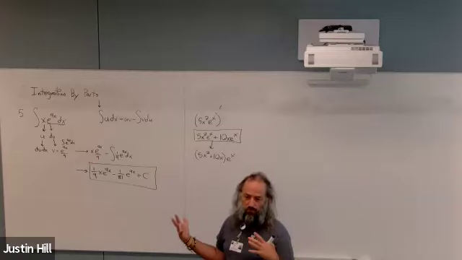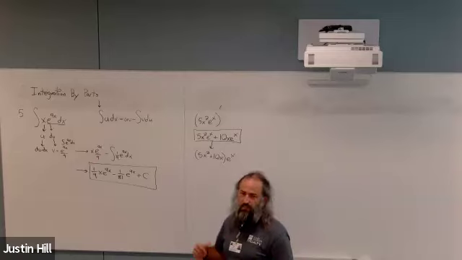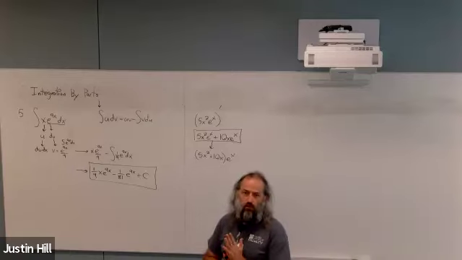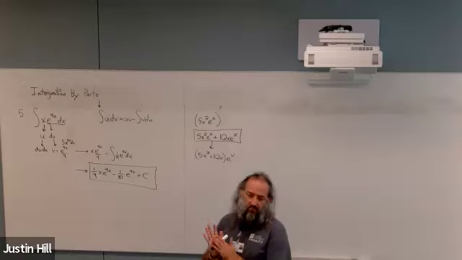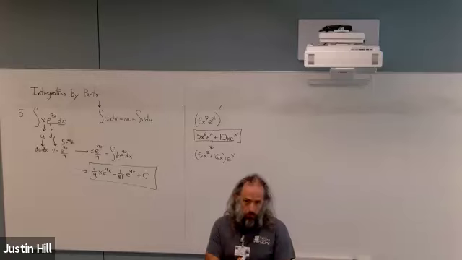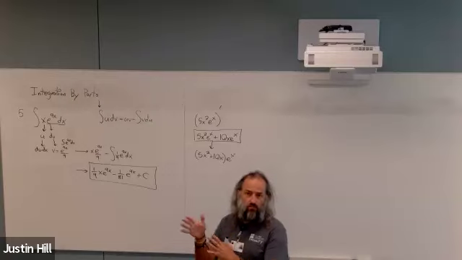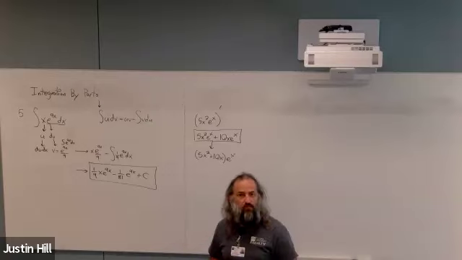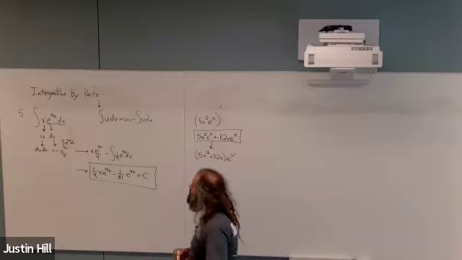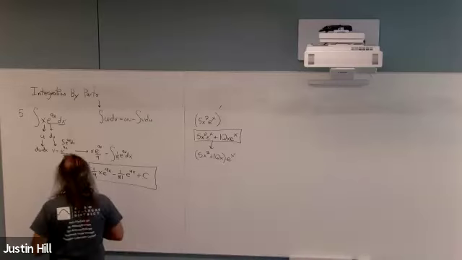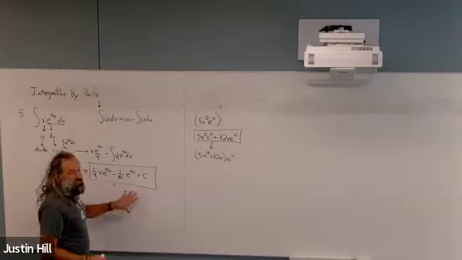We saw substitution was reverse chain rule. I think I said that in an earlier lecture. All those patterns you learned for derivatives in Cal 1, there usually is a pattern for integration that reverses. But that's integration by parts.